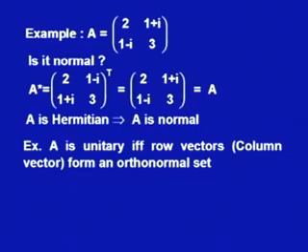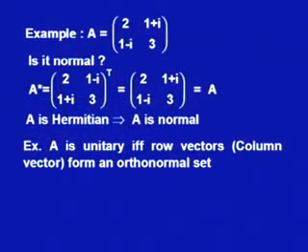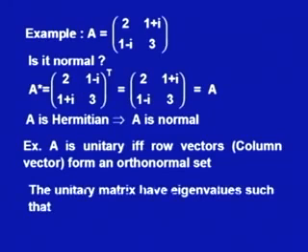We write this as A is unitary if and only if row vectors form an orthonormal set. This result is not only true for row vectors, this is applied to column vectors also, and the result reads like this: A is unitary if and only if column vectors form an orthonormal set. This is the first result to be proved by the viewers.